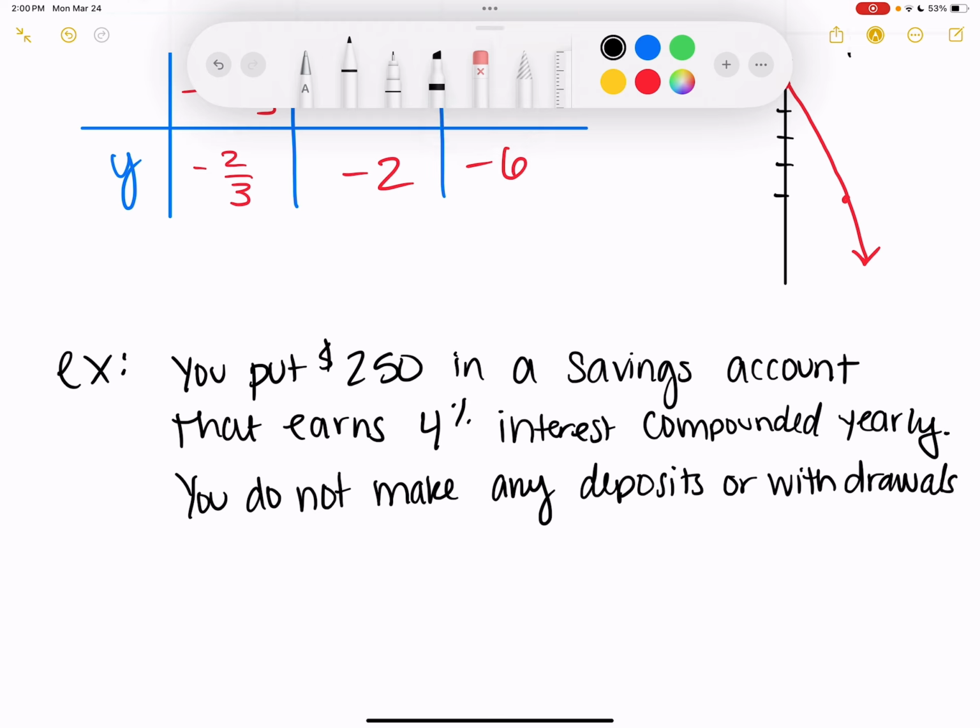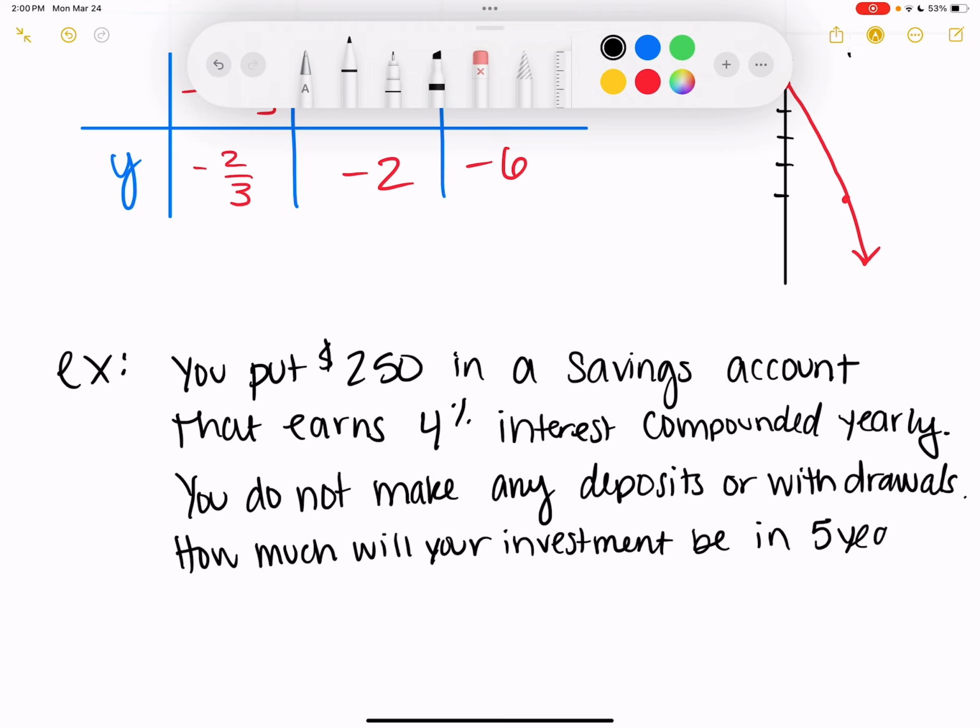We just leave it to sit there. How much will your investment be in 5 years? I guess I should say be worth.